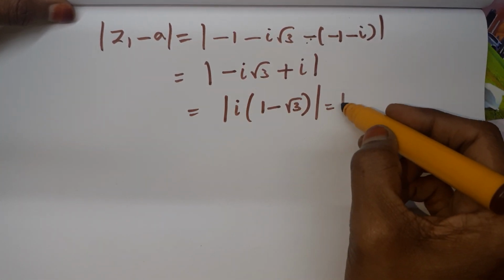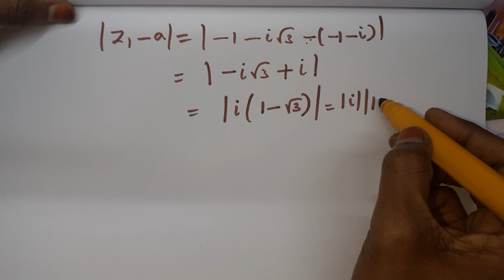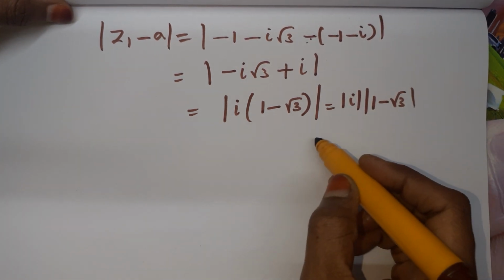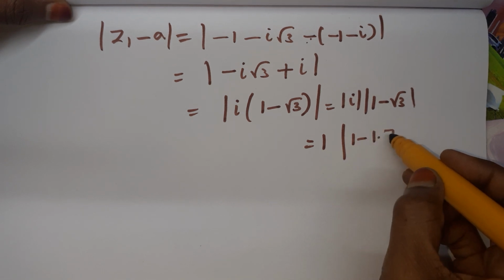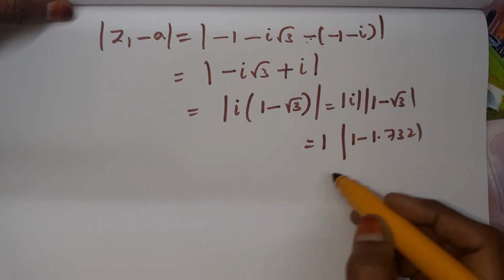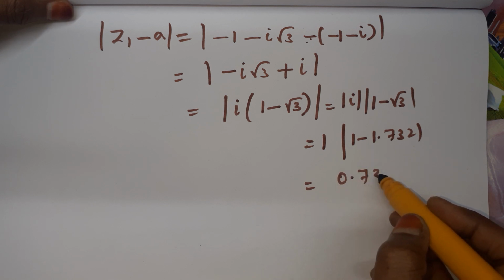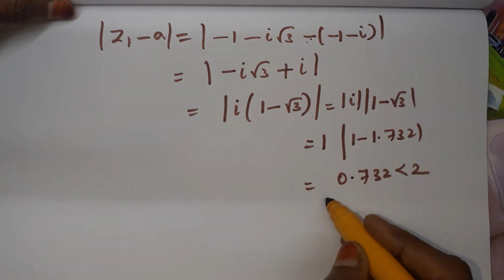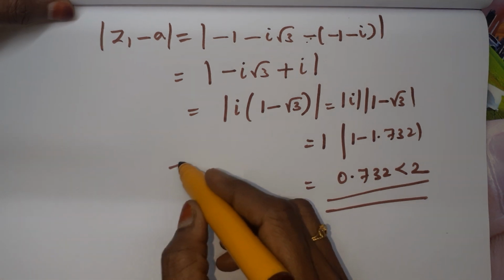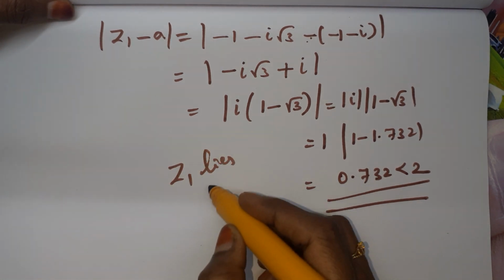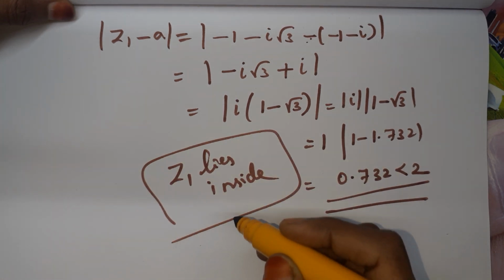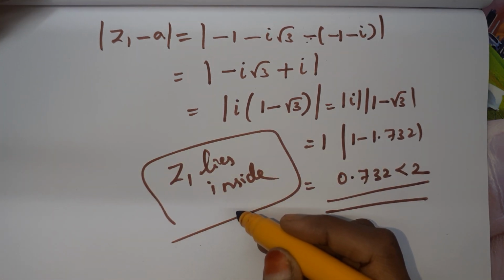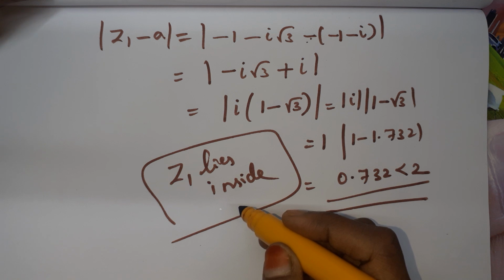This is equal to modulus of i into modulus of 1 minus root 3. Modulus of i is 1. 1 minus root 3 means 1 minus 1.732 something, so when we subtract, the value is 0.732, which is lesser than 2. Lesser than 2 means z1 lies inside. So for this only we are going to calculate the residue.